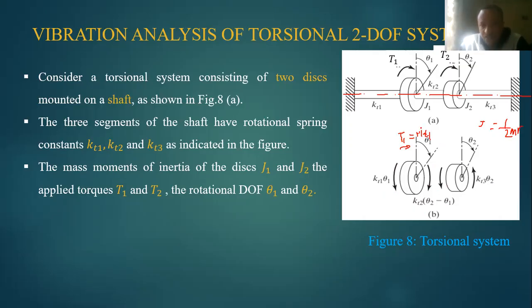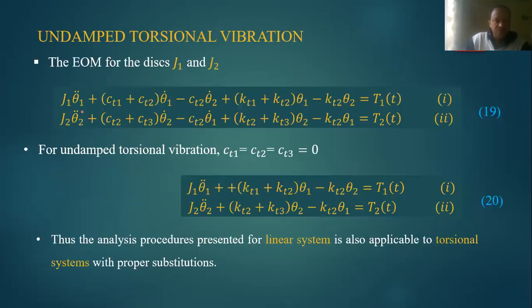So let's consider the first flywheel, or the first disc, and develop the equation: summation of torque applied to the first disc is equal to 0, which gives us J1 θ1 double dot plus (CT1 plus CT2) θ1 dot minus CT2 θ2 dot. It is almost similar to the previous general equation of motion developed, which is equal to T1 of t.